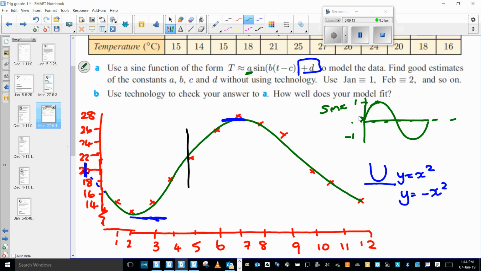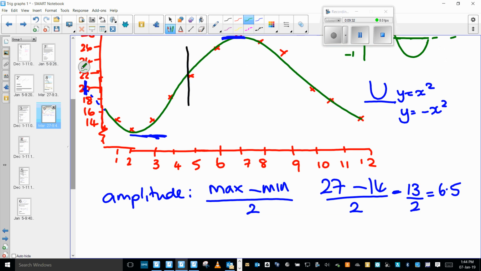It's going to be around here, isn't it? It's going to be 6.5 from here, or 6.5 down from here. Why is it 6.5? Because we knew our amplitude was just 6.5.